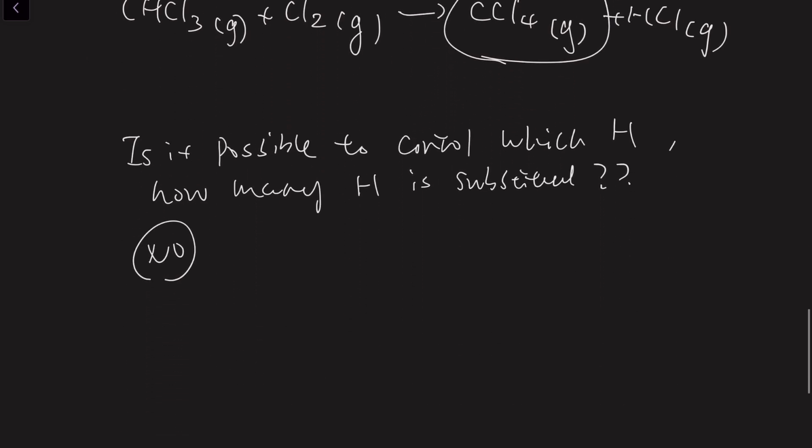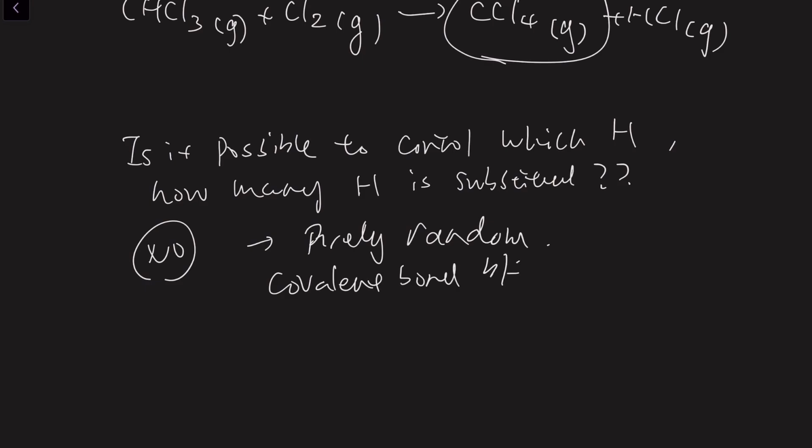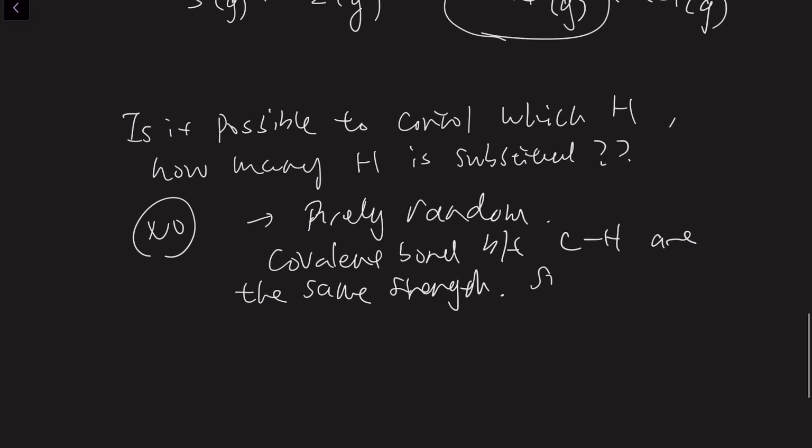So why is it random? Because the covalent bonds between carbon and hydrogen are the same strength. So which C-H bond breaks is really just random.